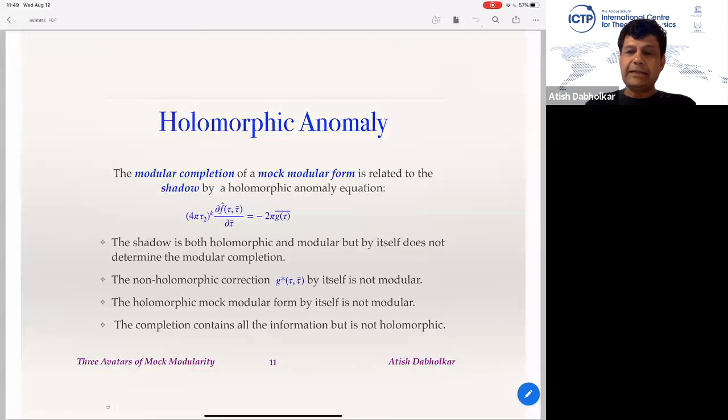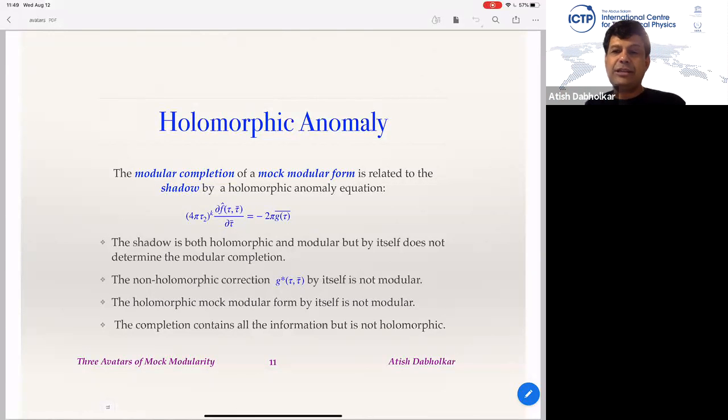So another way to characterize mock modularity, which is to give it a physical interpretation, is to think about it as a holomorphic anomaly. Because as we know, in anomalies that we have encountered in quantum field theory, it's also typically something like that. You can either have some U1 global symmetry, or you can have gauge symmetry.